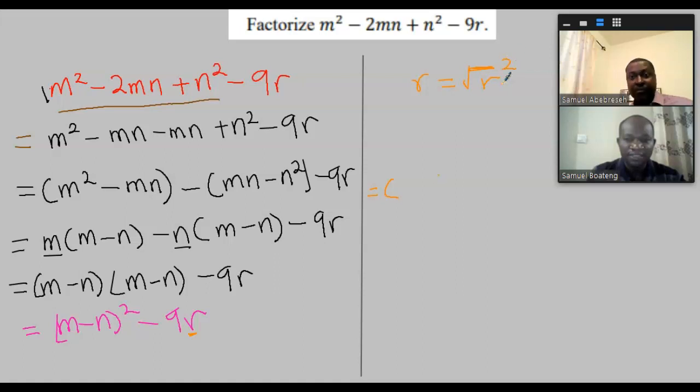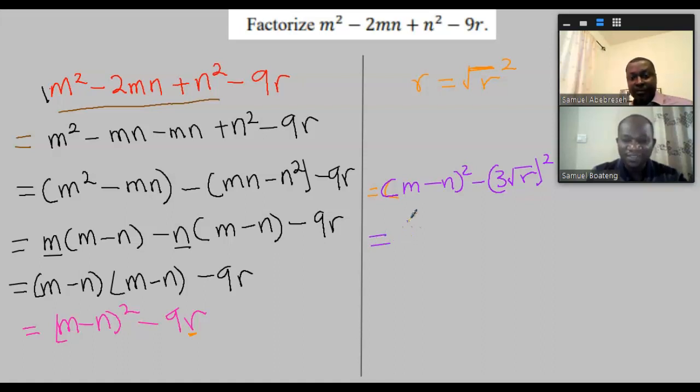So m minus n all squared, minus bracket open 3 root r all squared. So with this, we can apply difference of two squares.